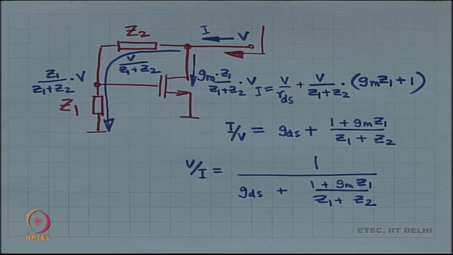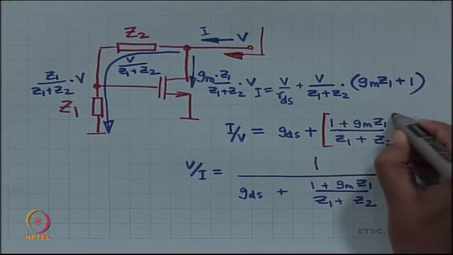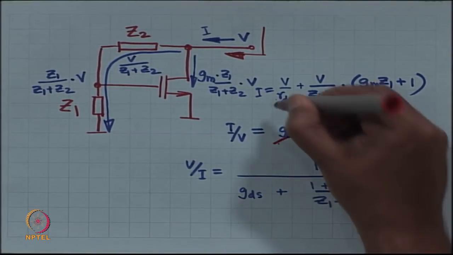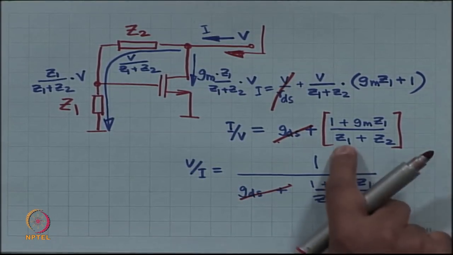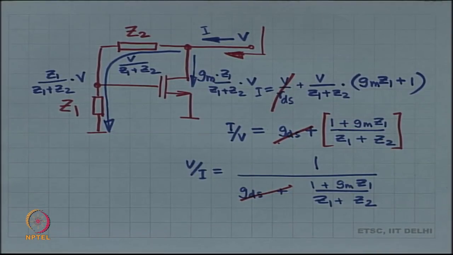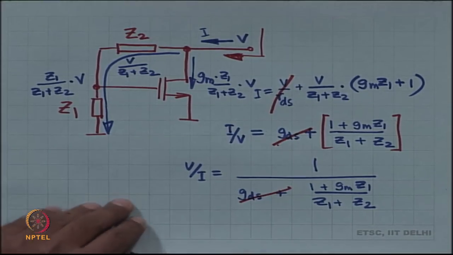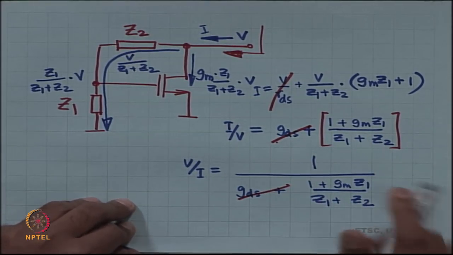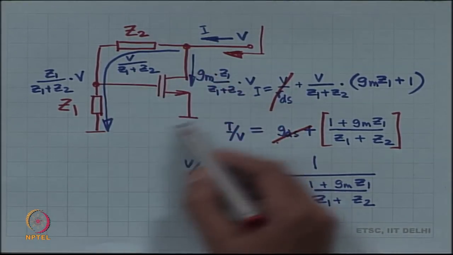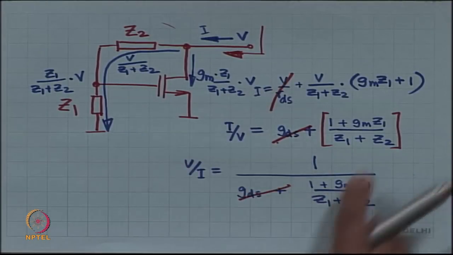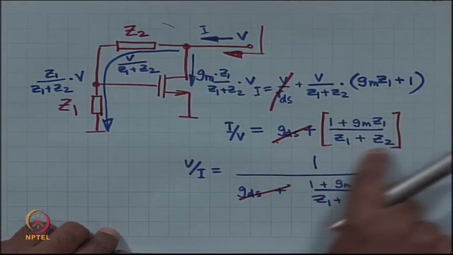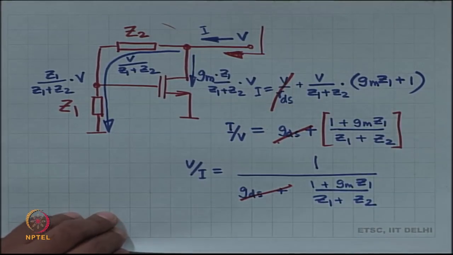So, if I just focus on the rest, that is the output conductance. So, let us not look at the other part. So, it is Z1 plus Z2 divided by 1 plus GM Z1. Okay, and then we will place all of these in parallel. Okay. So, I have got output conductance because of GM and that is so much. All right.